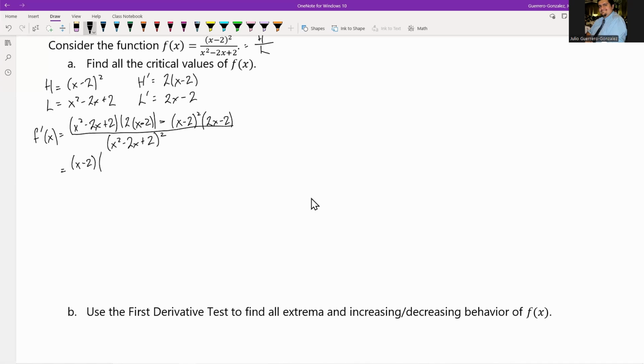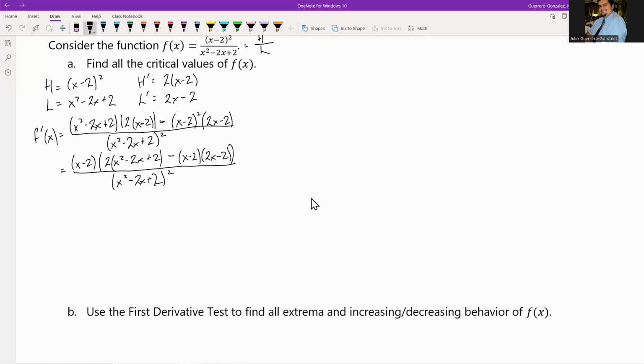That leaves you, for the first term, with 2 times x squared minus 2x plus 2, minus, here I am left with just one of the x minus 2, so it's going to be x minus 2 times 2x minus 2, all over the bottom squared, all over x squared minus 2x plus 2 squared.